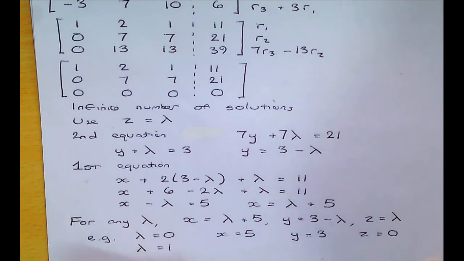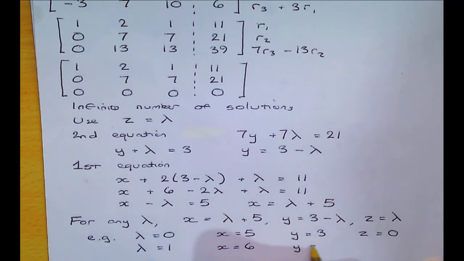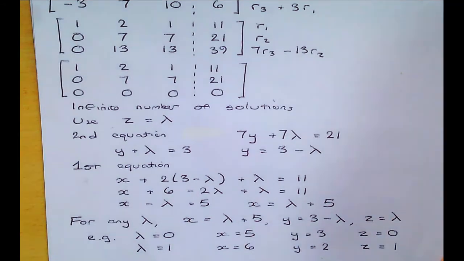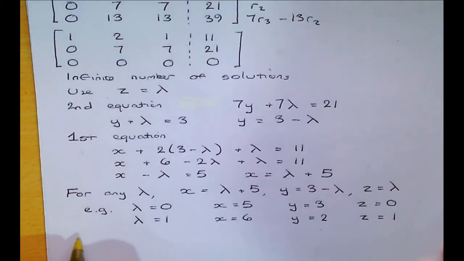For lambda equals 1, we'll have x is equal to 6, y is equal to 2, z is equal to 1. We can put in any value of lambda, and we will get a combination of x, y, and z which satisfy the equations. For example, let's run a check.